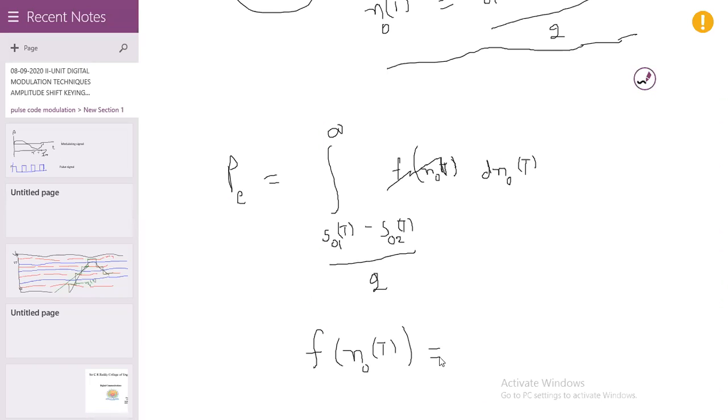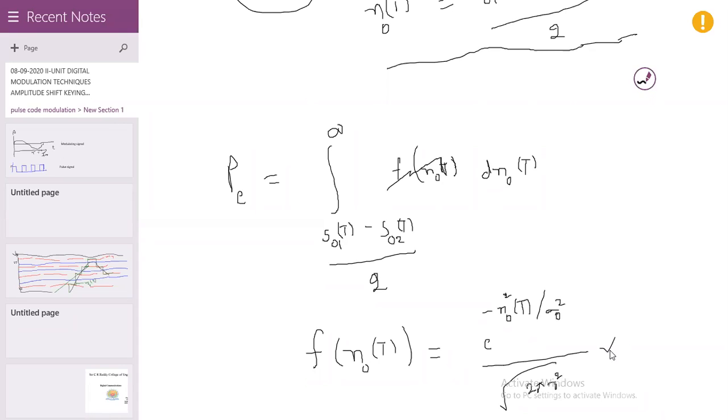This is equal to e to the power of minus n square naught of t divided by sigma naught square, and divided by root of 2 pi sigma naught square.